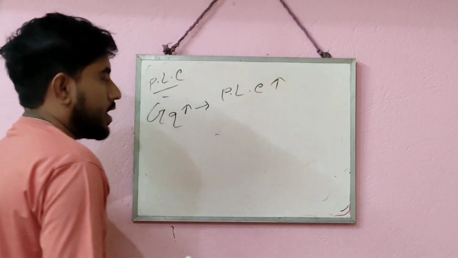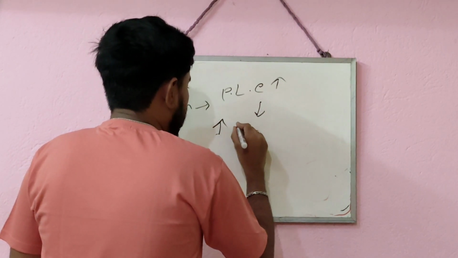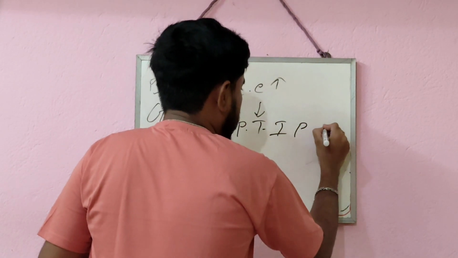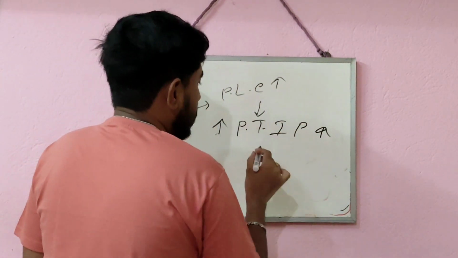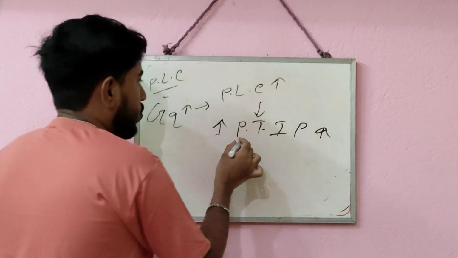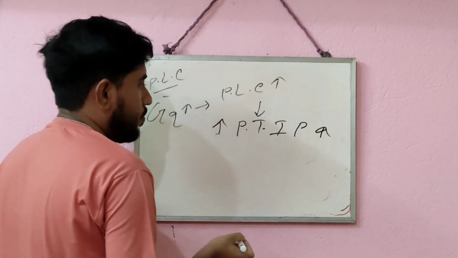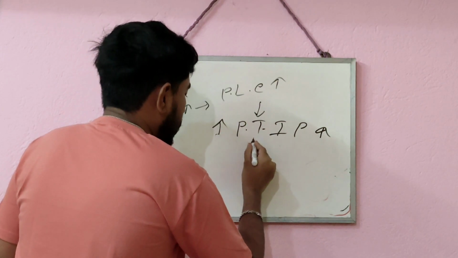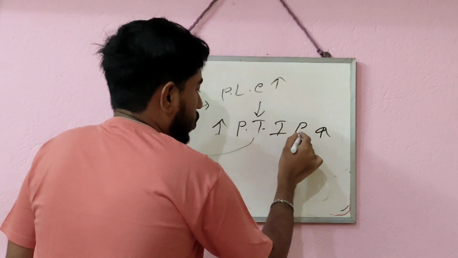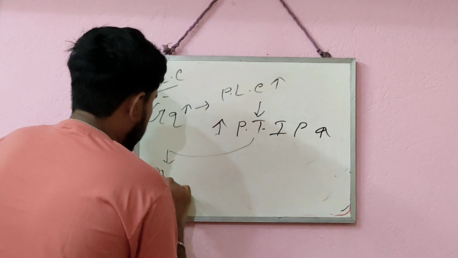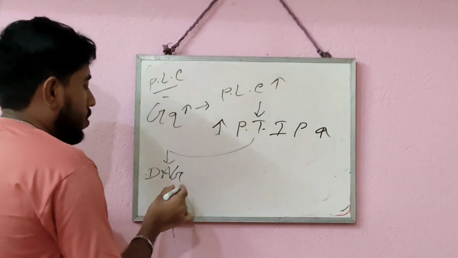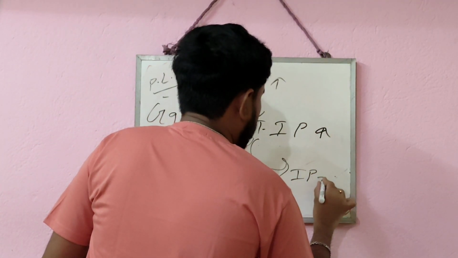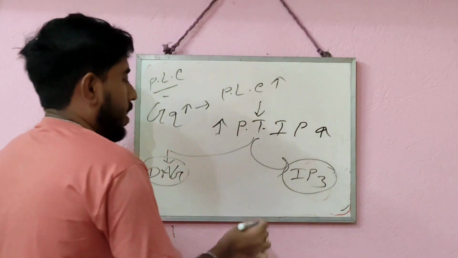The phospholipase C activation will lead to the activation of phosphatidyl inositol phosphate, and that will lead to the cleavage of phosphatidyl inositol phosphate into two parts: diacyl glycerol, also called DAG, and the other part, inositol triphosphate, also known as IP3.